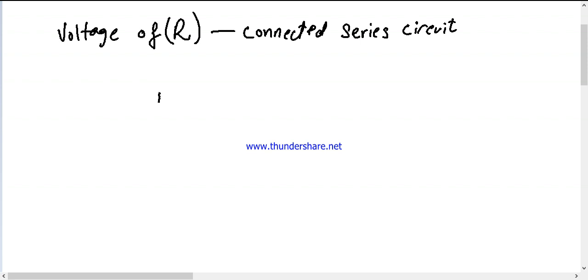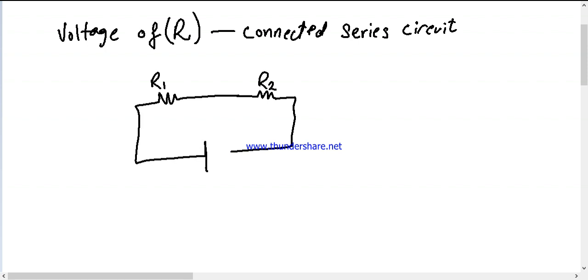So there is a circuit in which resistor 1 is connected and resistor 2 is connected, and both are powered with the same power source V. Voltage divider rule is used when we don't want to complicate our calculations by using Ohm's law.